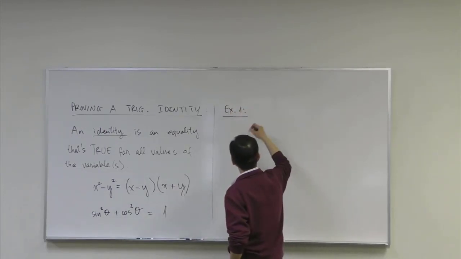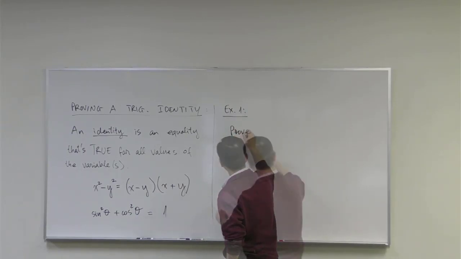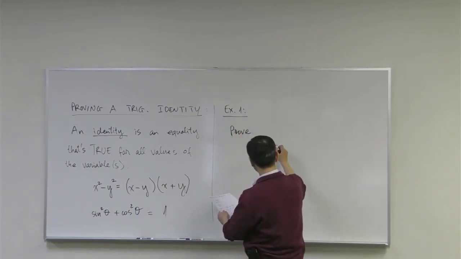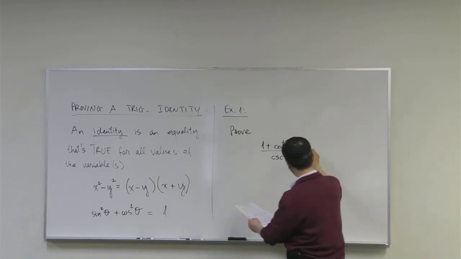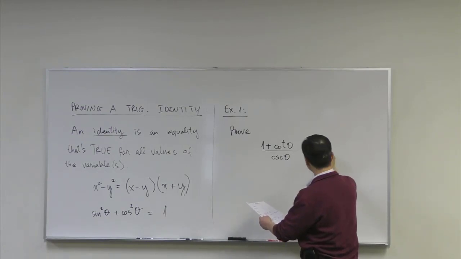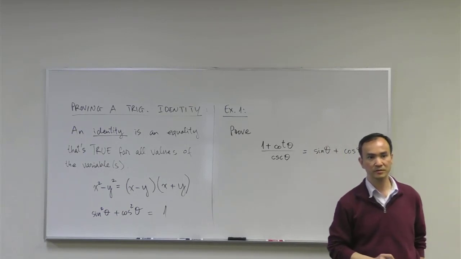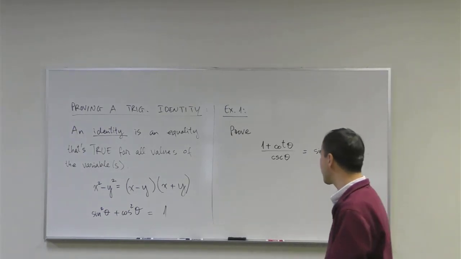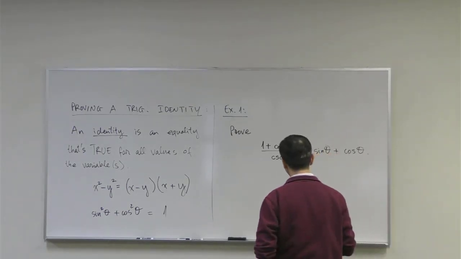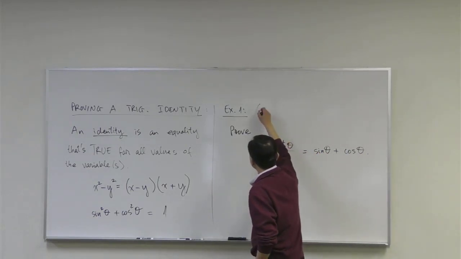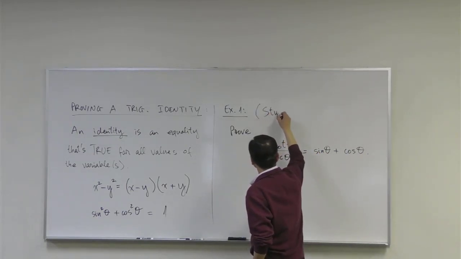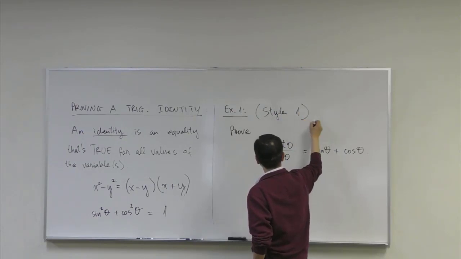We want to prove that 1 plus cotangent of theta over cosecant of theta will always equal sine of theta plus cosine of theta. There's the example I want to bring in. In this example, it's a proof we want, and you can just make note of this. This is one style of proving for you.